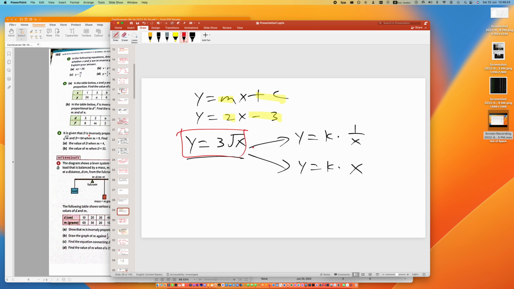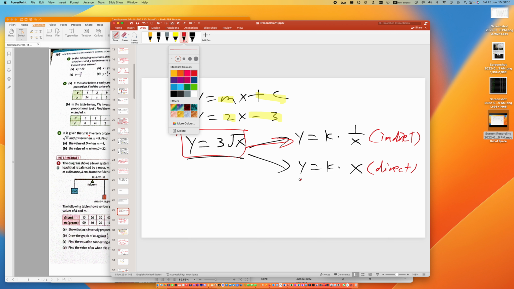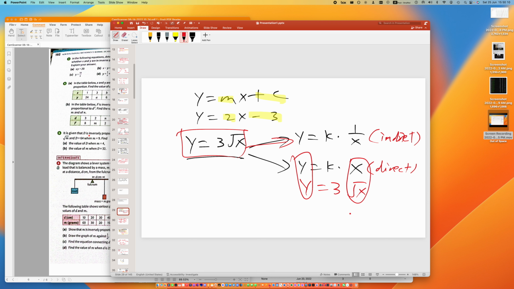This one given is indirect or direct? Direct. Why? Because I just need to put it side by side. My y is my y, my x is my square root x, my k is equal to 3. So it's a direct, this is not an indirect. Are you clear? So you need to be good with this algebraic manipulation.